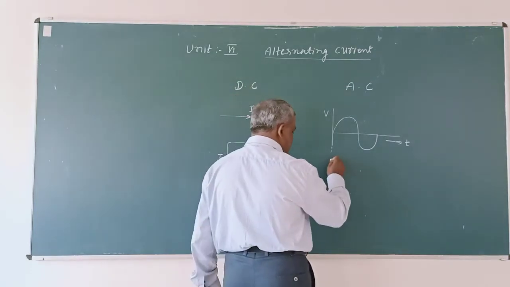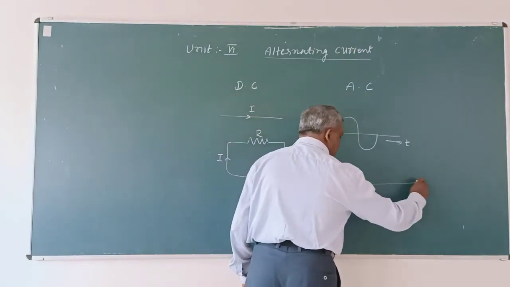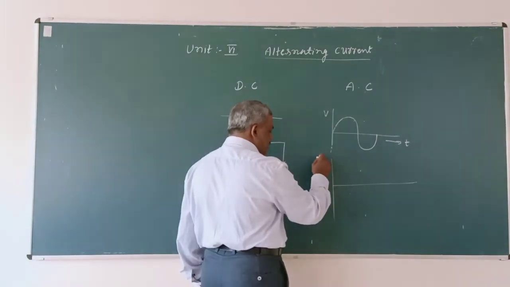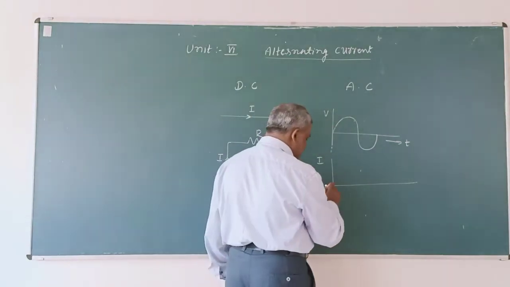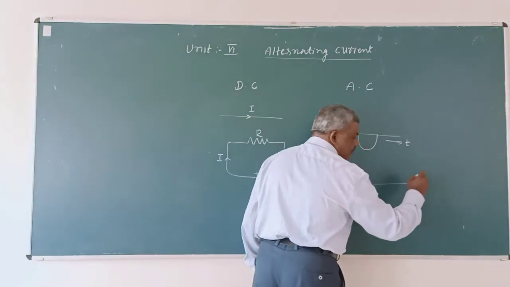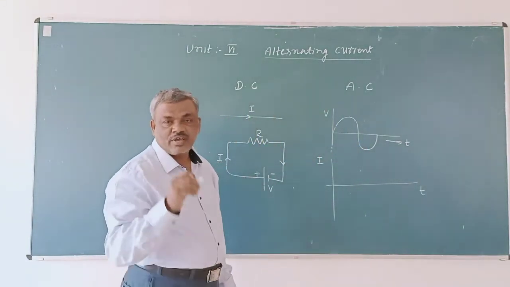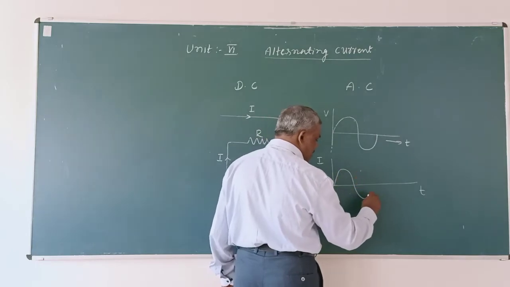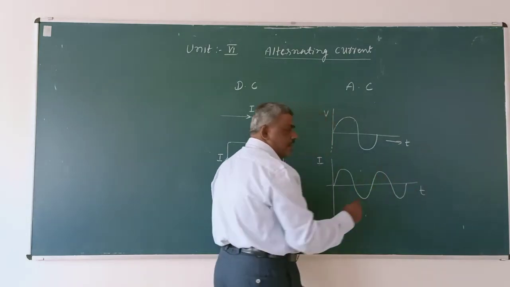This graph is very important. Here two axes are there: the y-axis is voltage or current, and the x-axis is time.